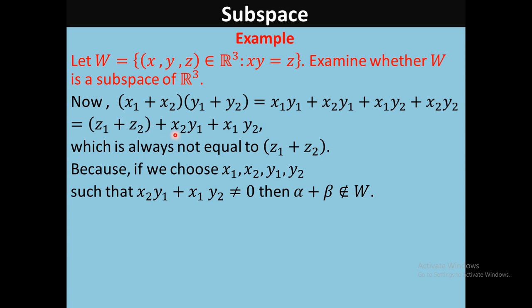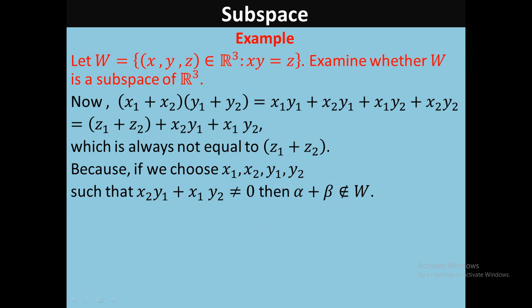If it is not equal to 0, then it is not equal to the third component. So when x2 y1 plus x1 y2 is non-zero, alpha plus beta is not in W.